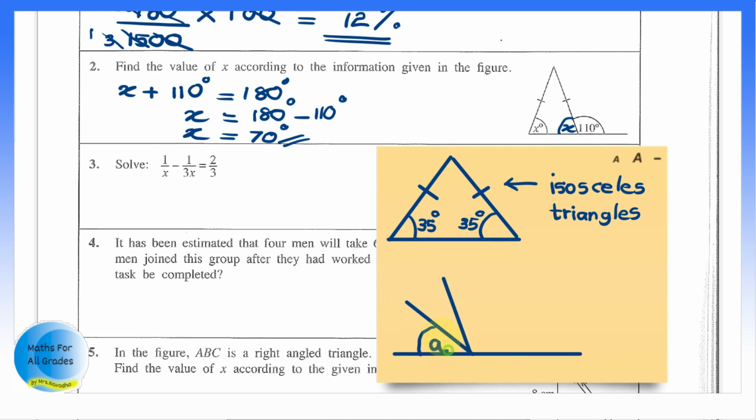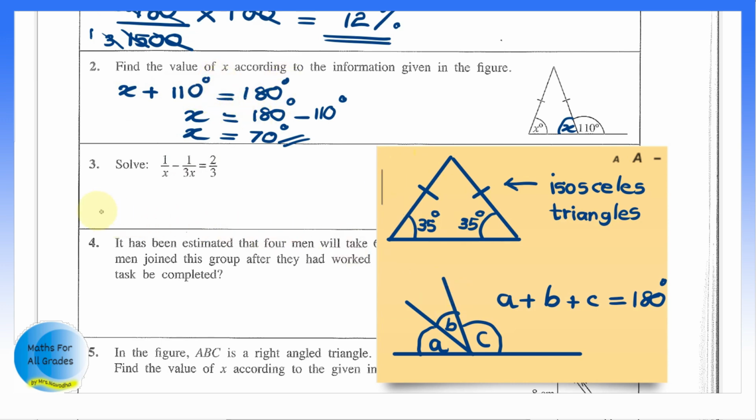Let's say this angle is A, this angle is B and this angle is C. So the sum of all these three angles equals 180 degrees because all three angles lie in a straight line. So that's why I wrote here x plus 110 degrees equals 180 degrees.